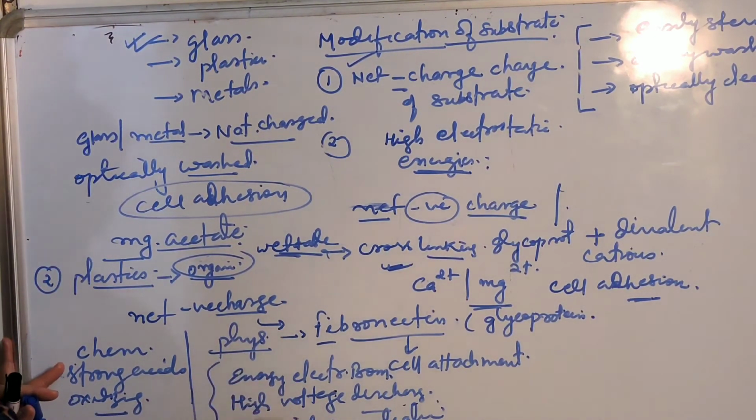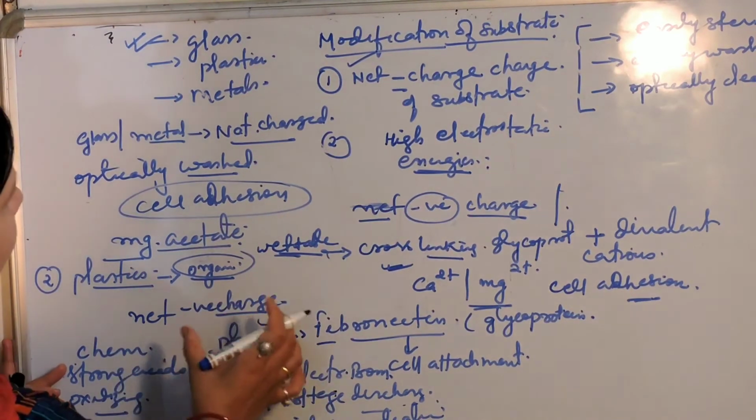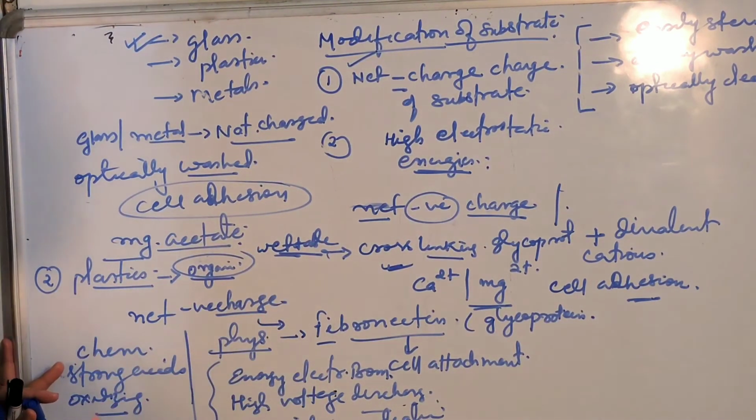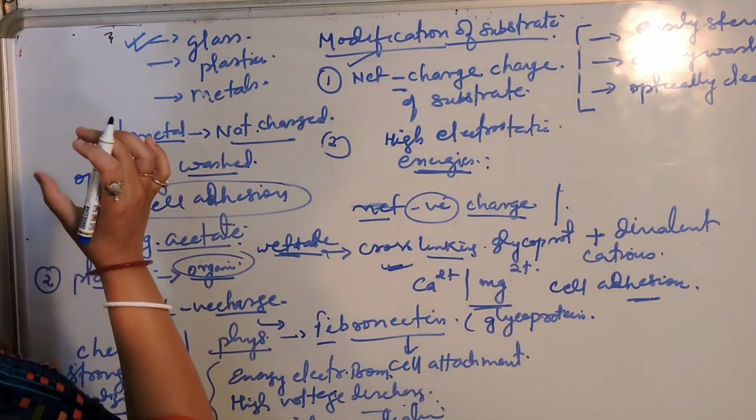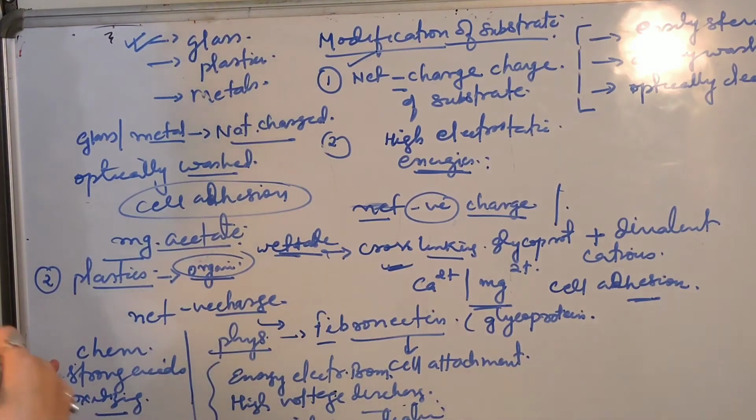These come under the category of physical methods which can be applied to modify the plastic surfaces for cultured animal cells.